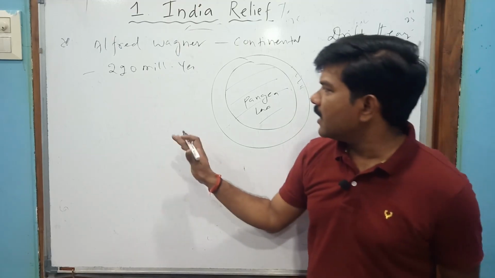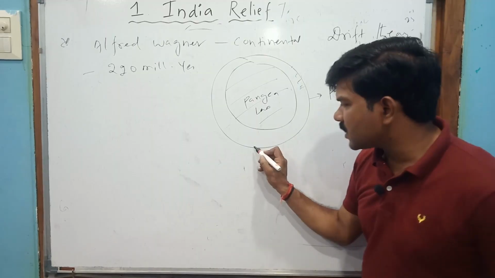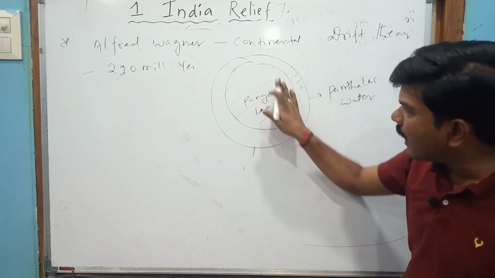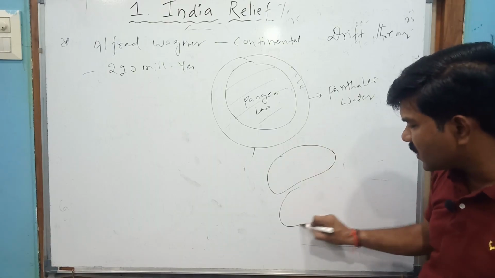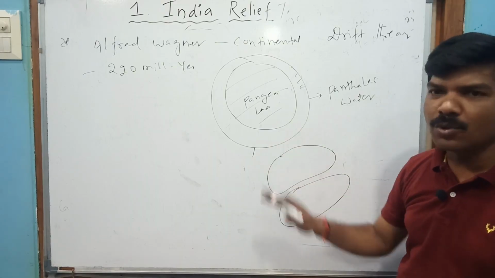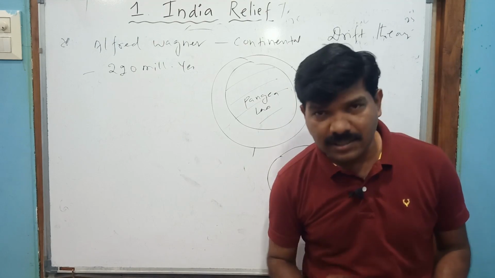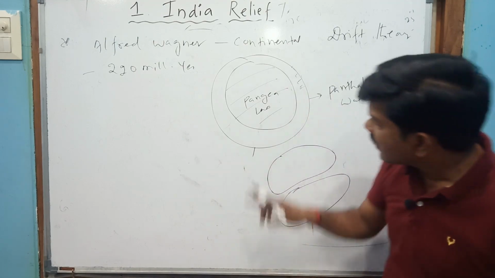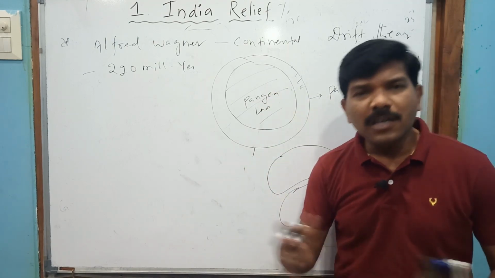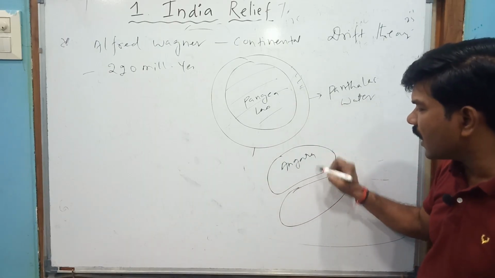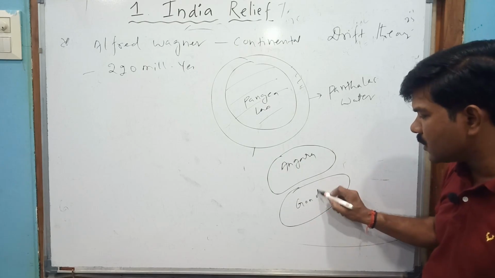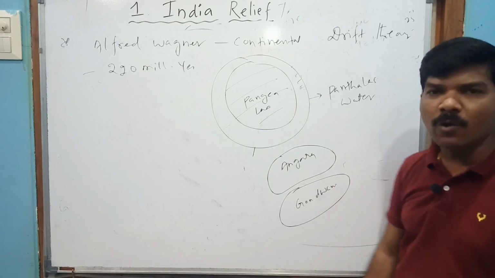Okay, so later what happened? This landmass was split into two pieces due to convectional currents. The northern part was called Angara land, and the southern part was called Gondwana land.